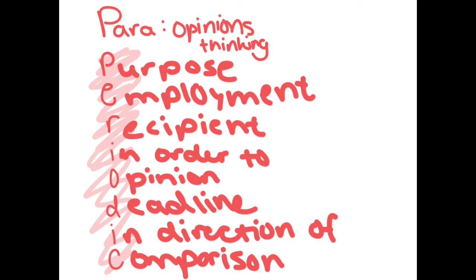And the last way you use para is comparison. So when you're comparing two things, in periodic, C stands for comparison. And this is like when you're comparing for someone, you are not this, or like for this, you are not. So an example would be for a smart person, you say silly things.